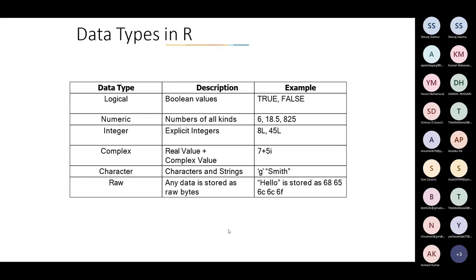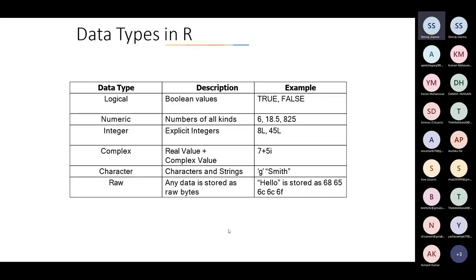the different data types in R. The very first is logical. A few of these we have already seen in Tableau and SQL, so more or less two or three are new for you. All of you know that logical is true and false, which is known as Boolean values.